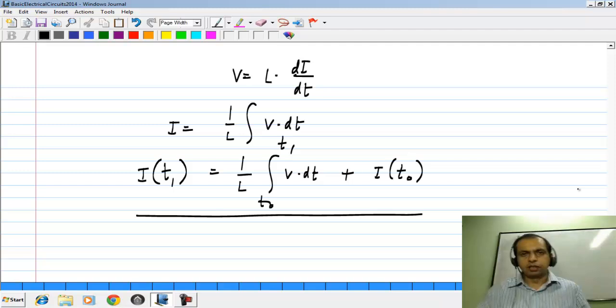So that means that the difference in currents at time t1 and time t0 is given by the integral of the voltage, the area under the voltage curve, divided by the inductance of the inductor.